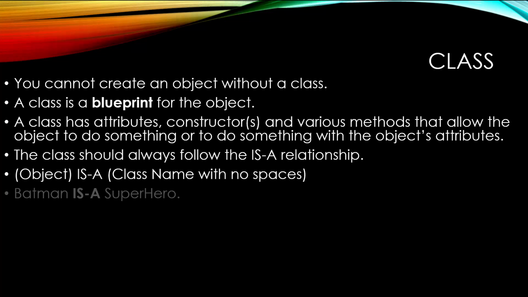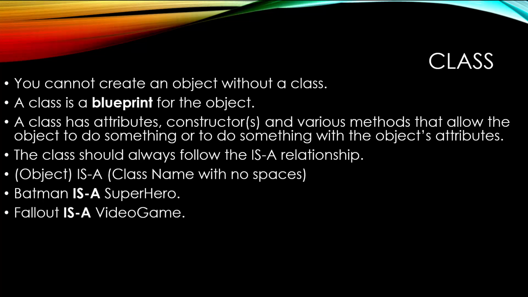Here are a couple examples. Batman is a superhero. That statement is true, so I'd put my Batman object, whatever I call it. I could call it Batman if I wanted to. I would construct him in regards to the blueprint for a superhero. Fallout is a video game. I would use my Fallout object.